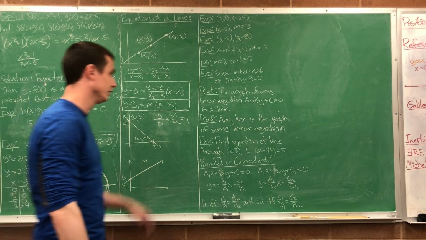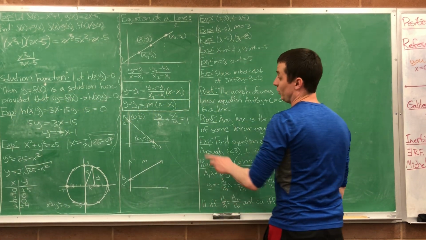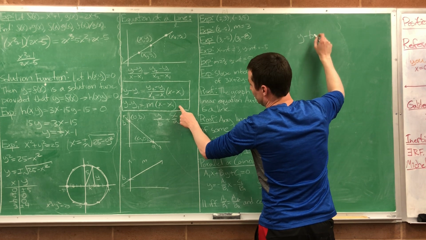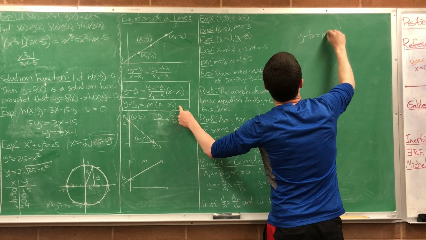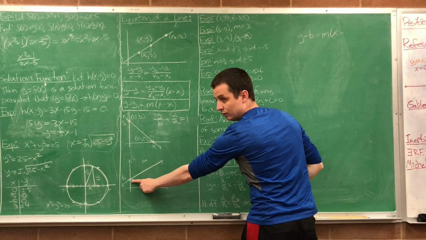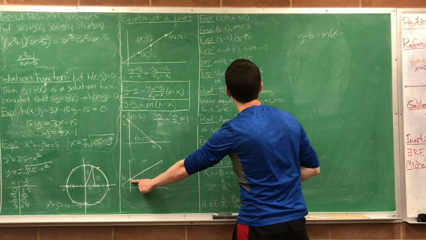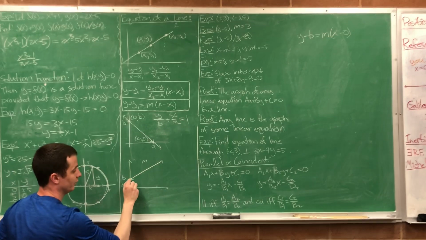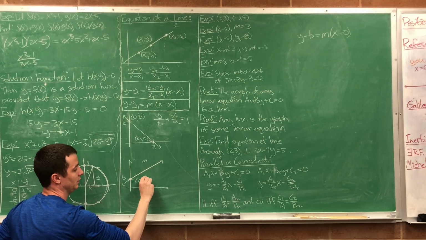Now we'll come up with your favorite equation. So we start with this equation right here, and I know that y minus y1, or b, is equal to m times x minus, what's x1? 0.